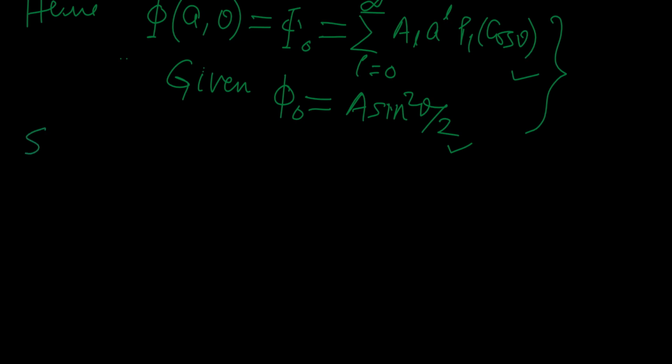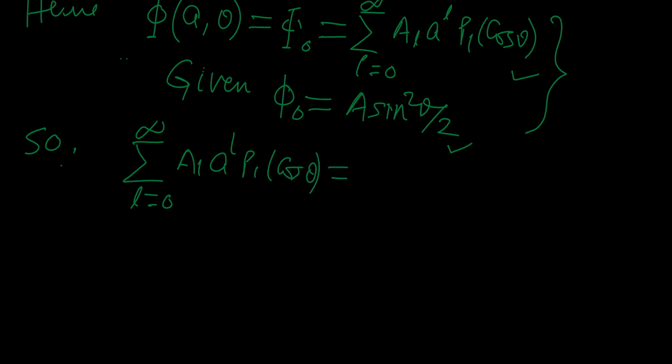So we will have summation L equal to 0 to infinity, AL, a to the power L, PL of cos theta, and this equal to A sine square theta by 2.